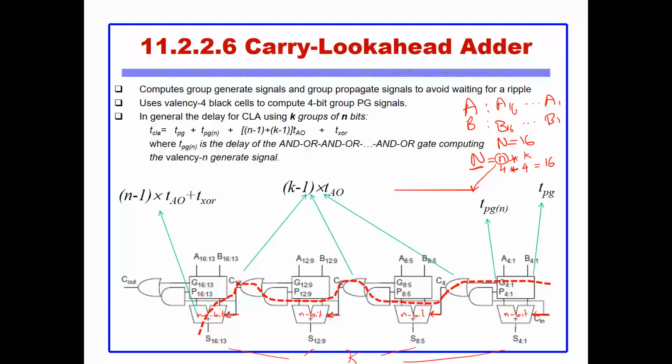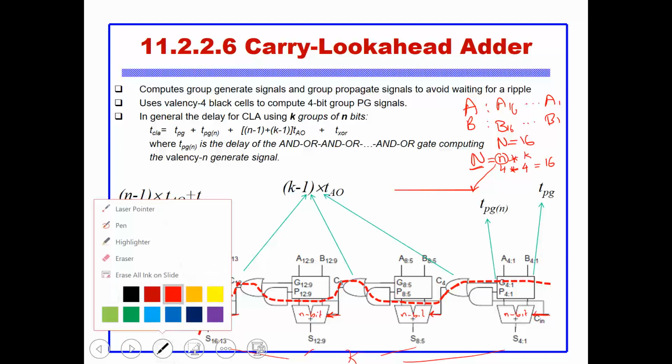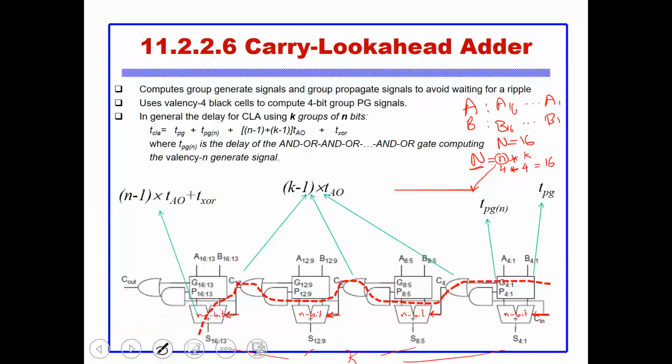Now, the trick is that I need to provide this carry to all of these adders so all of them can fire as quickly as possible. The carry in has no difficulty, so the trick is to find C4, C8 and C12 as fast as possible.